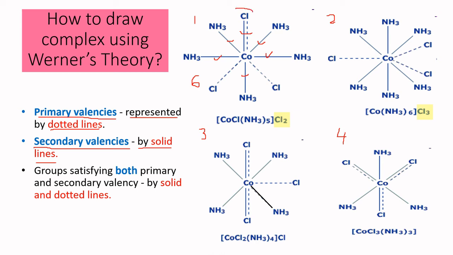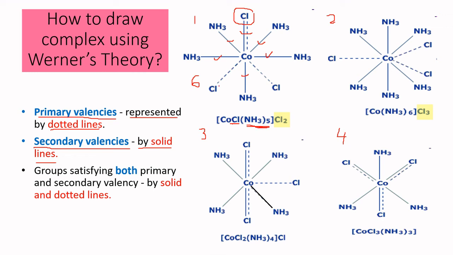And you notice that this chloride ion satisfies both primary and secondary valency. If a molecule or ion satisfies both secondary and primary valency, it is located inside the coordination sphere, inside the square bracket. And you can see that the 5 ammonia are also inside the coordination sphere.